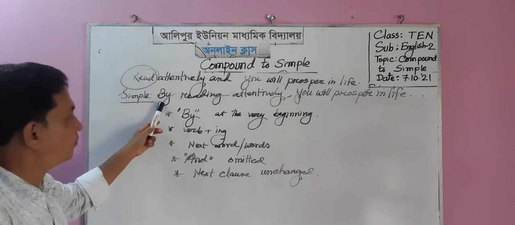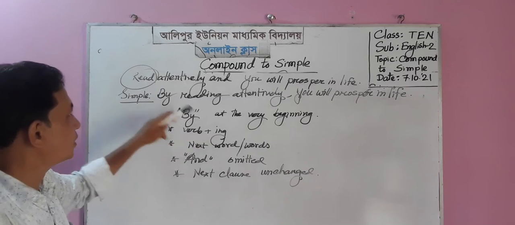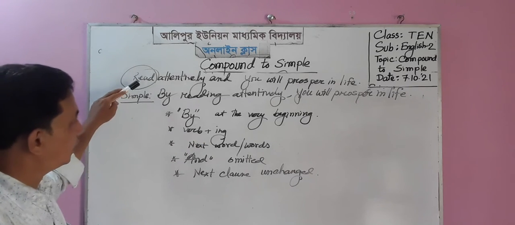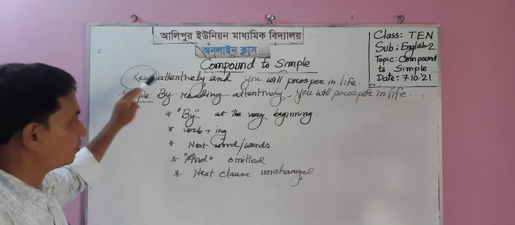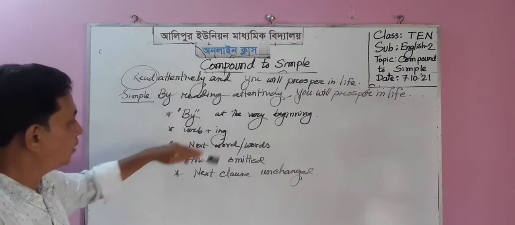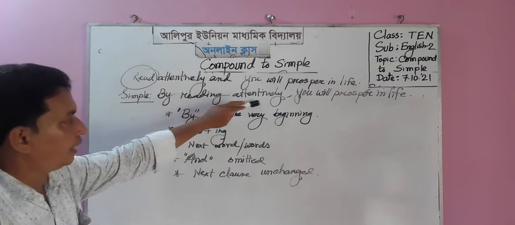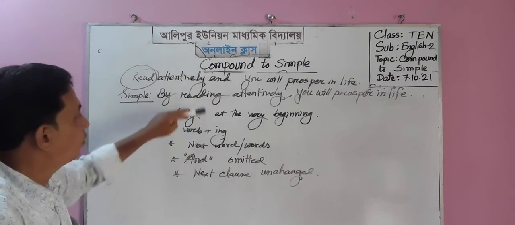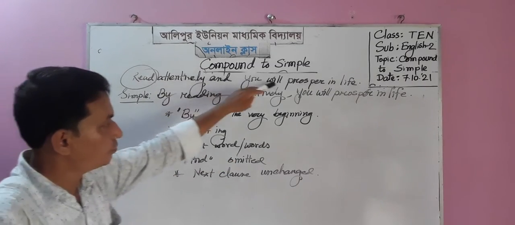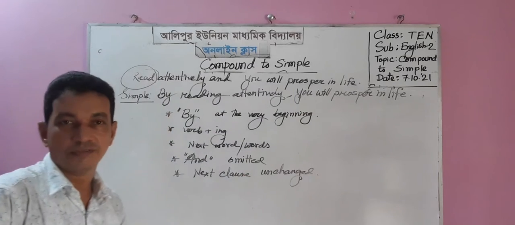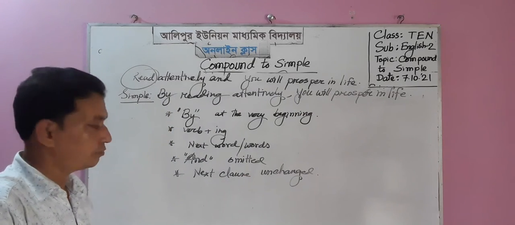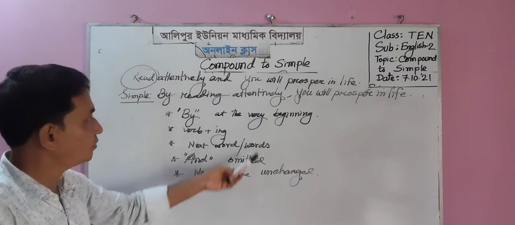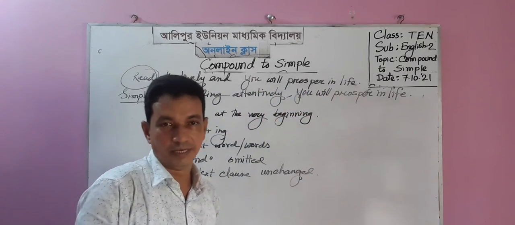We write "by", and then verb plus ing. The main verb is read, and we have to add ing after the verb: by reading. The next word is attentively, and then "and" will be omitted, and the next clause will be the same. There will be no change of the next clause. The next clause is: you will prosper in life.